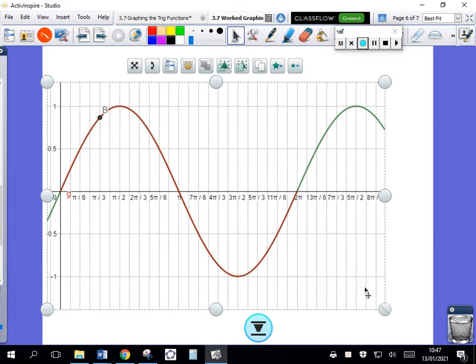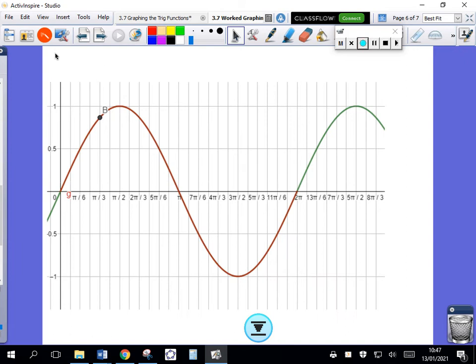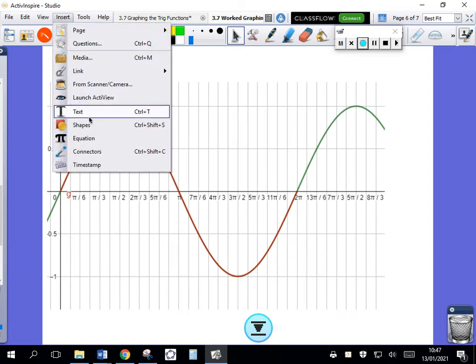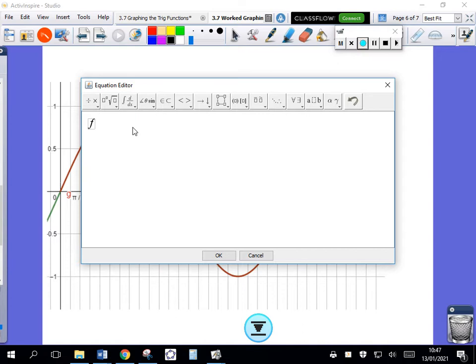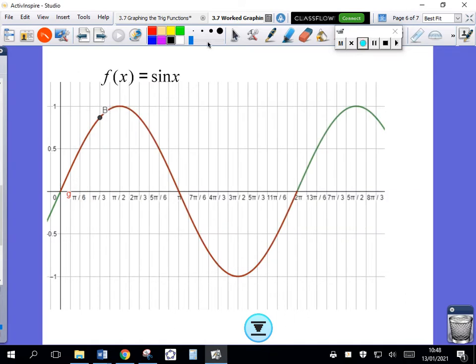This is the graph of the sine function. This is the graph of f of x equals sine of x. Okay, that's what it looks like.